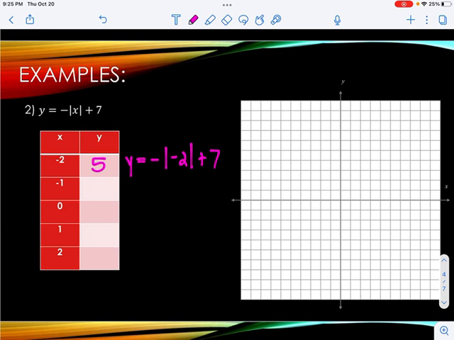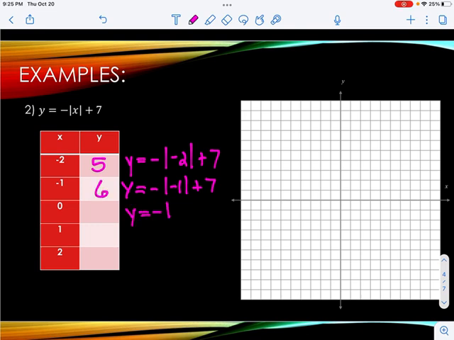Then we do the -1, so y equals the negative of the absolute value of -1 plus 7. The absolute value of -1 is 1. The negative of that makes it -1. Add 7, and I would get a 6.